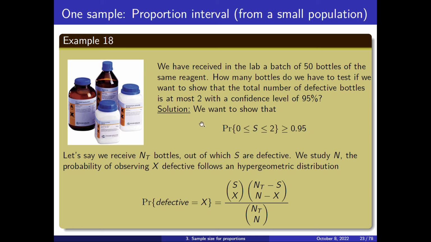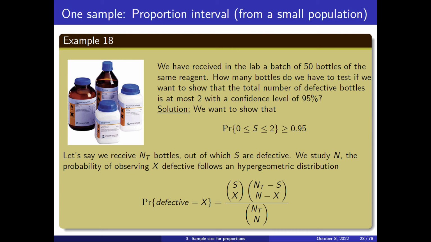So we are willing to accept up to 2 defective bottles. So how many do we need to inspect to be sure that the number of defective bottles is at most 2 with a confidence level of 95%? Let's call S the number of defective bottles.